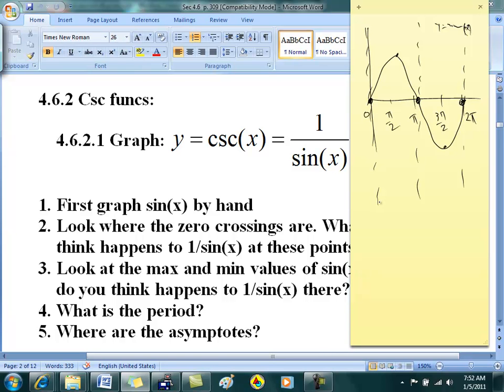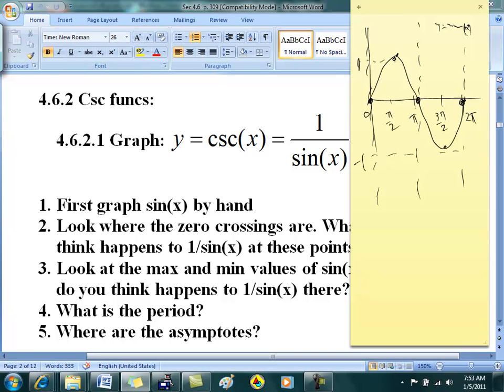Okay? Next, the notes are saying, look at what the max and min values are. So what is the maximum value here? What's the y value there? Well, 1. And this one here. So remember, at this point, you're going to get 1 over 1. So what do you get? 1.